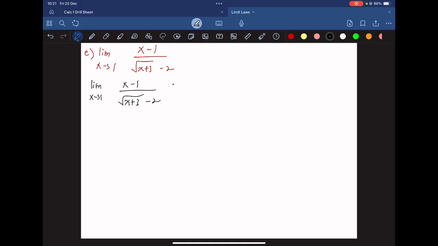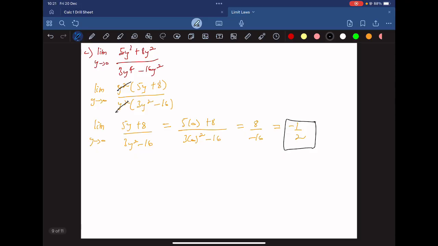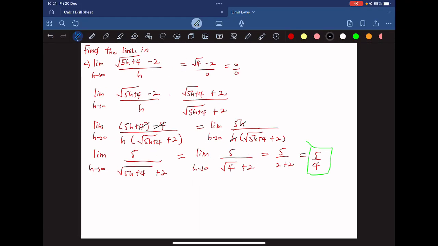Now the radical is in the denominator. The difference is negative, right? We have negative in between them. So now, instead of writing negative, we have positive. And remember, when the radical was in the numerator in the previous question, you multiplied the numerators, right?